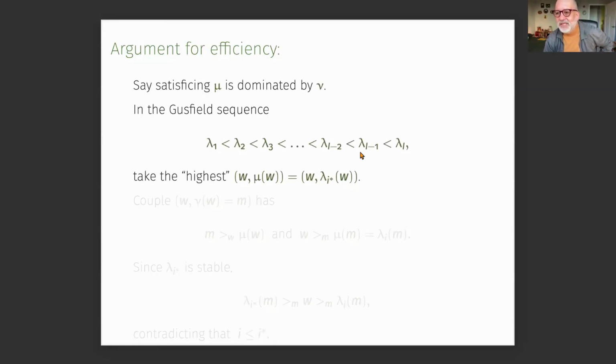It's the highest of these at which one couple has formed, and the woman of that couple is going to be Karen. Mu of W is going to be John. Okay, so this is going to be Karen and John. This would be the red matching in the previous slide.